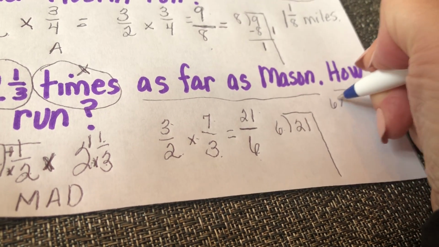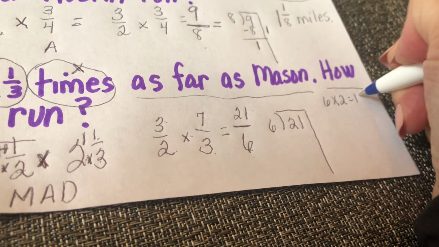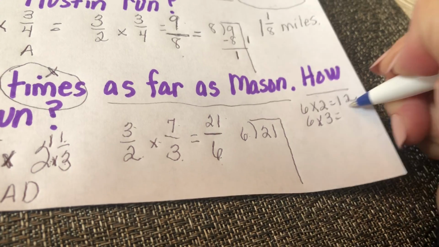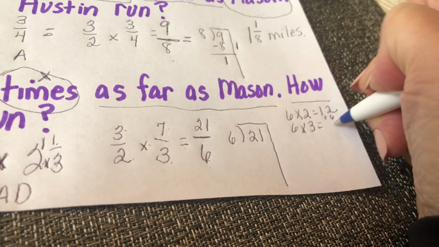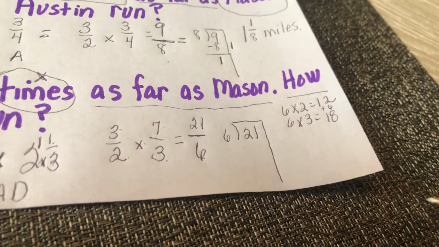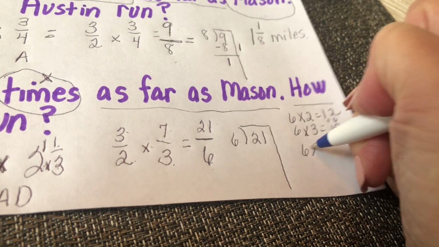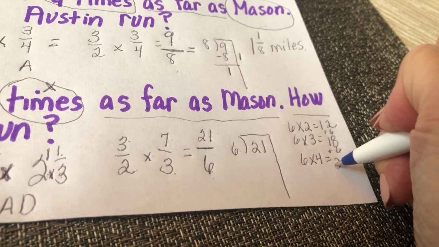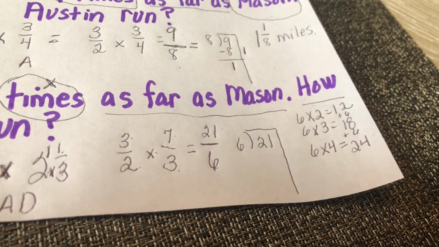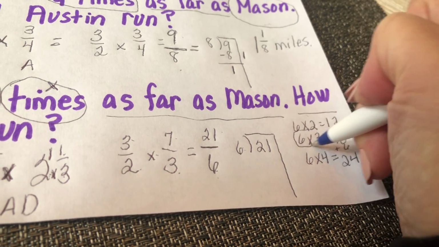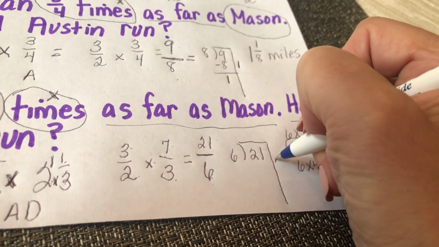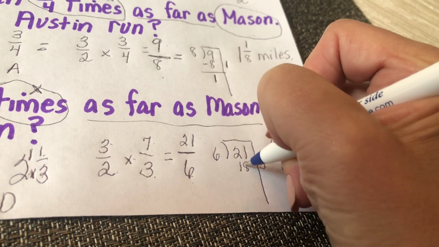Well, I know that 6 times 2 is 12. 6 times 3, I do plus 6, 18. Then we have 6 multiplied by 4 plus 6 is going to be 24, and I know that's going over, so I'm going to use 6 times 3. So 6 multiplied by 3 is 18.